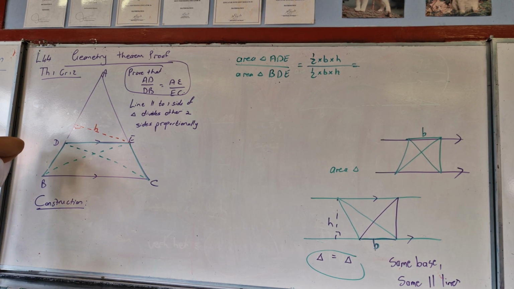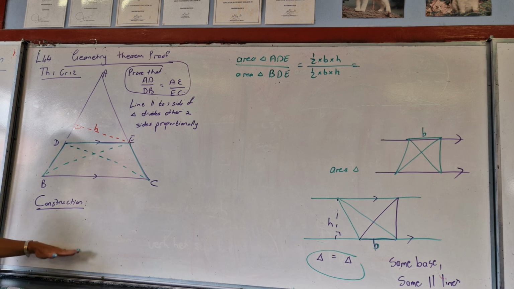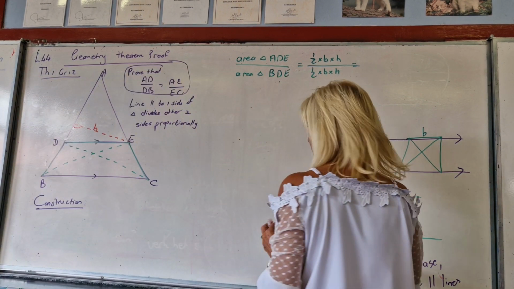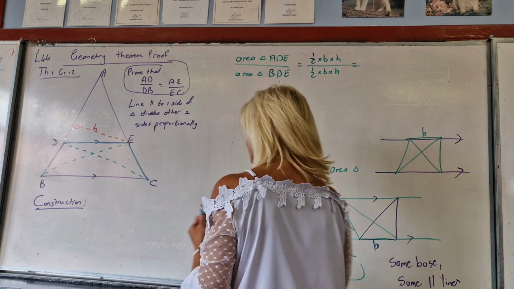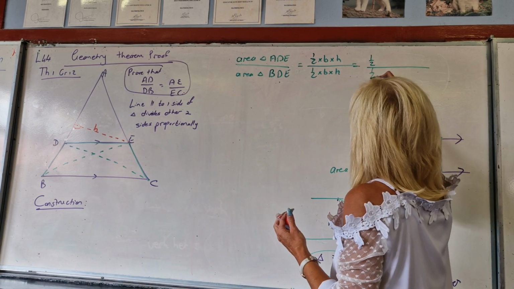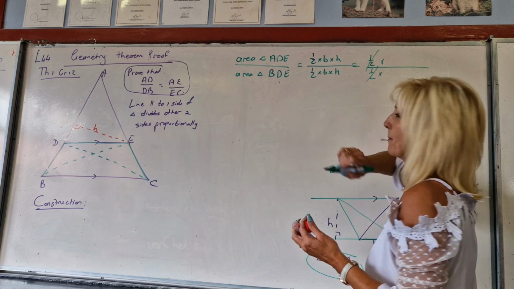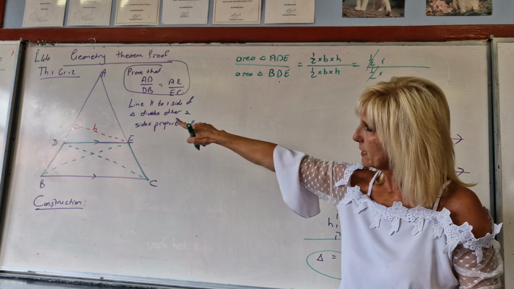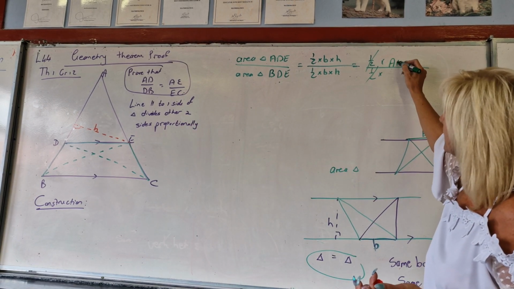Are you seeing this? Okay, and please remember I still have to put the construction in. I'm just trying to put it all together first for you. So that when I do that there, it's going to be half of, which is going to make this happen. The base for ADE we said is going to be AD.